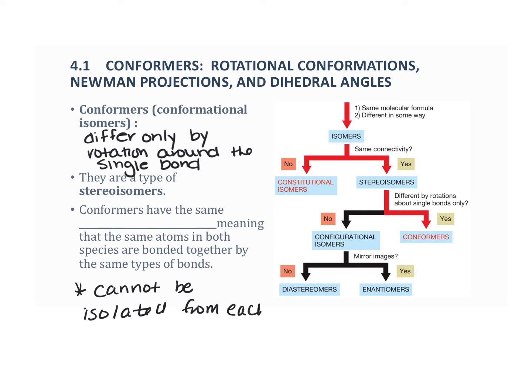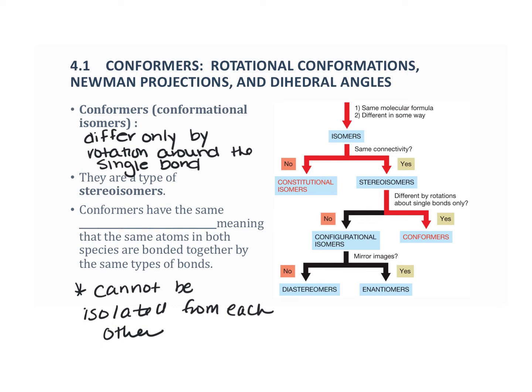To more easily study conformers, it's helpful to have a systematic way of depicting molecules having different angles of rotation around single bonds. And so that is rotational conformations, which we're going to talk about on the next slide. Now, these conformers are stereoisomers of each other.